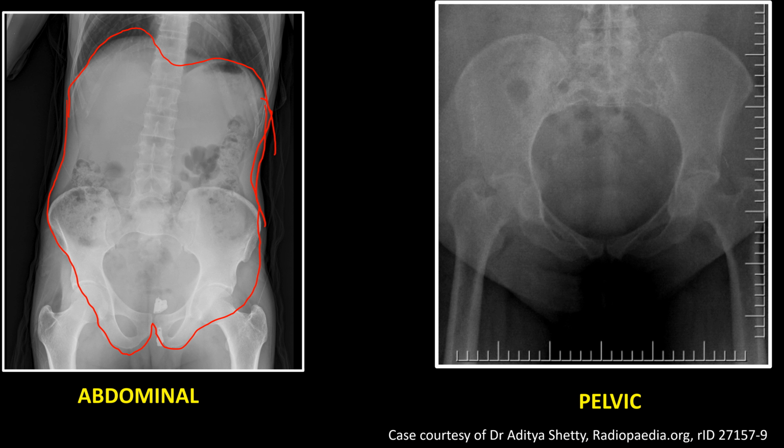In that case, according to the investigating area, films are taken where some lower part or upper part may be left out. As you can see here, we can see the whole pelvic region. So we can say this is the abdominal region and this is the pelvic region. The pelvic region is focused when our target organs are pelvic organs.